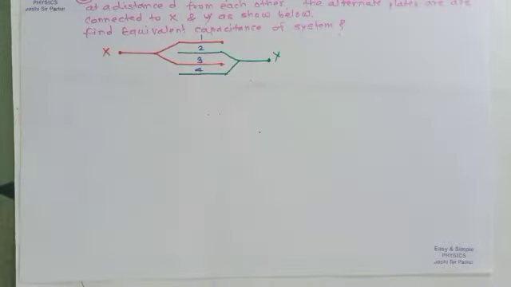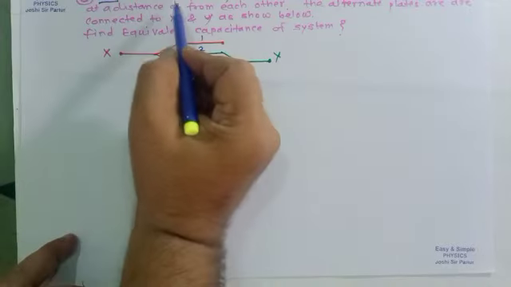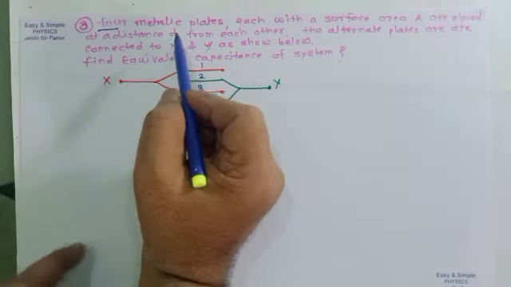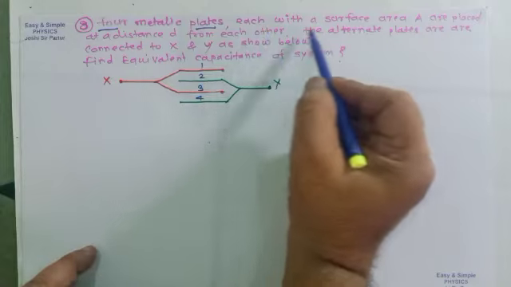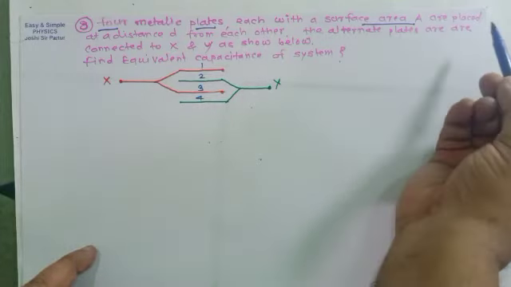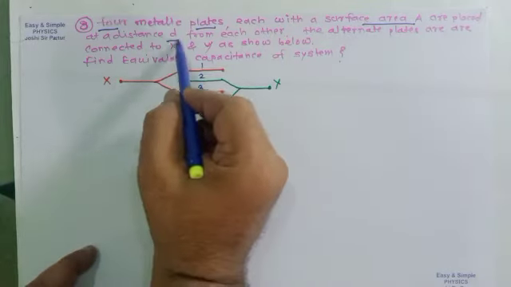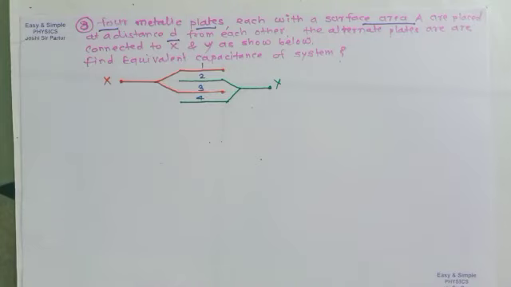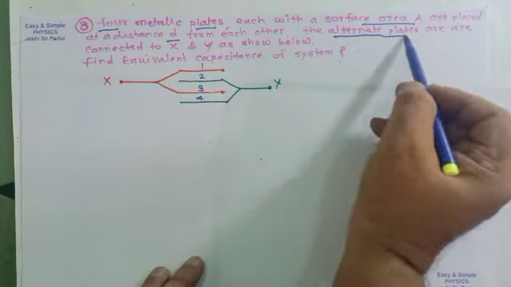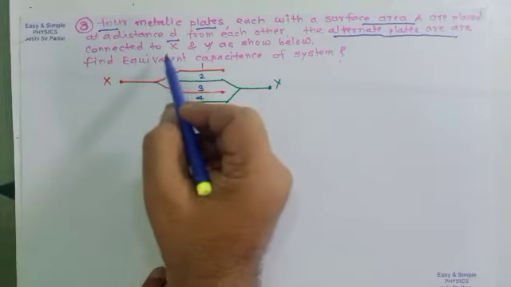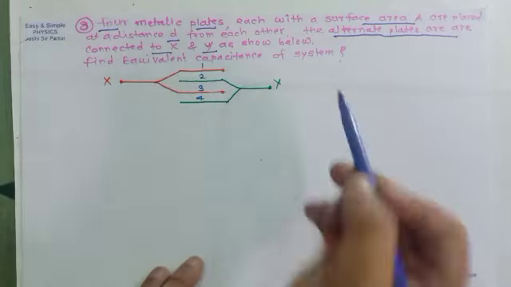A similar example will be seen, that is 4 metallic plates, each having area A, placed at distance D from each other. Here alternate plates are connected to X and Y as shown below.